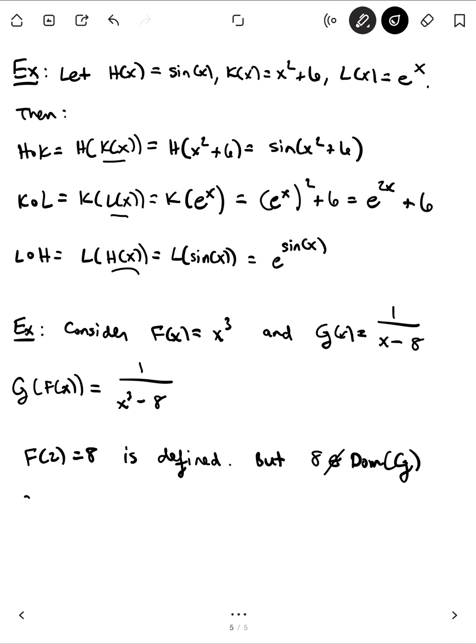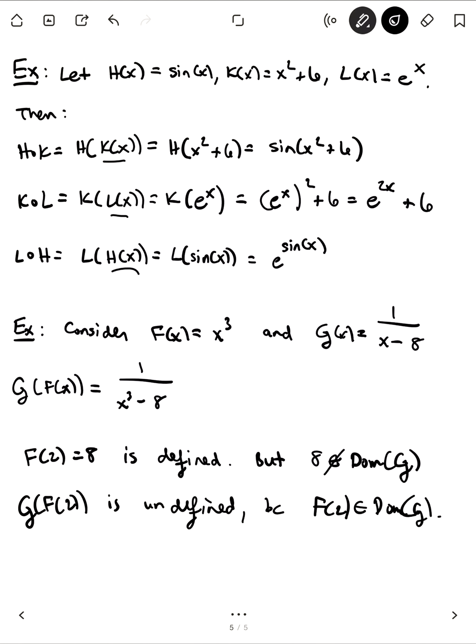And so g of f of 2 is undefined, because f of 2 is not in the domain of g. So you just have to be careful when you're applying and evaluating functions, especially compositions: you have to make sure you're still within the domain of the second function you're applying. Very important, can get people in a lot of trouble sometimes.